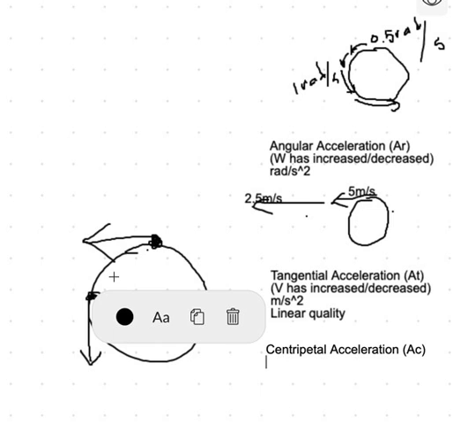So centripetal acceleration is the result from the change in direction of tangential velocity, which is v. It's also measured in meters per second squared, because tangential velocity is in meters per second.